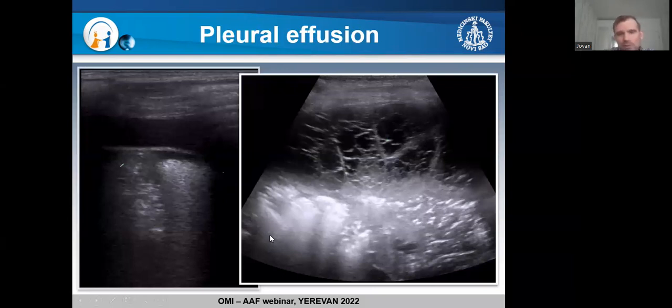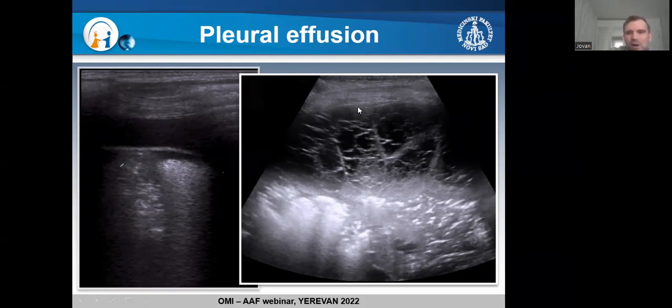For pleural effusions, ultrasound is the diagnostic modality number 1. But it's not just the number 1 modality for detection of pleural effusion, but also for characterization of pleural effusions. Is it clear, as in this case? Is it very thick? Is it just a bit septated?